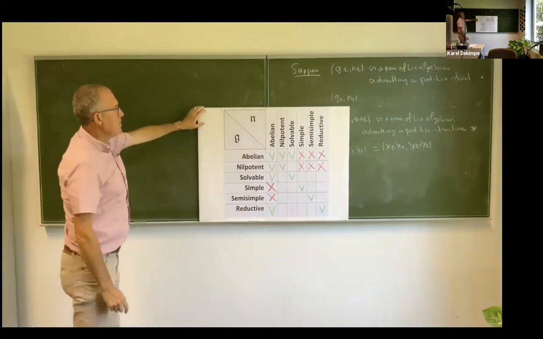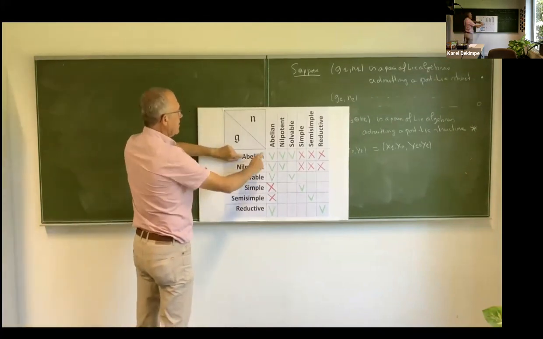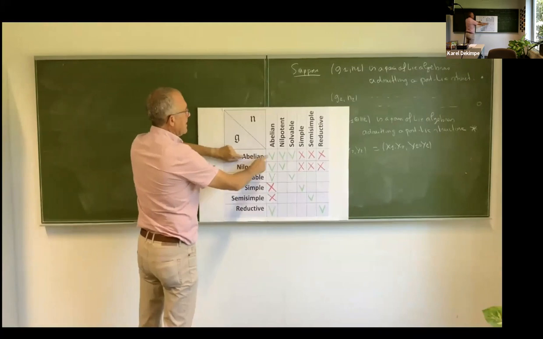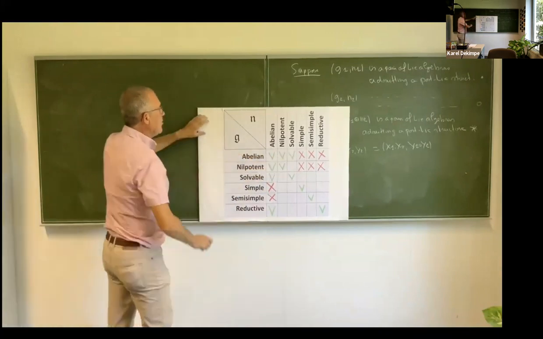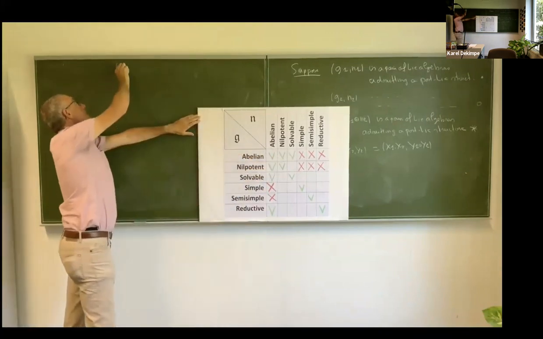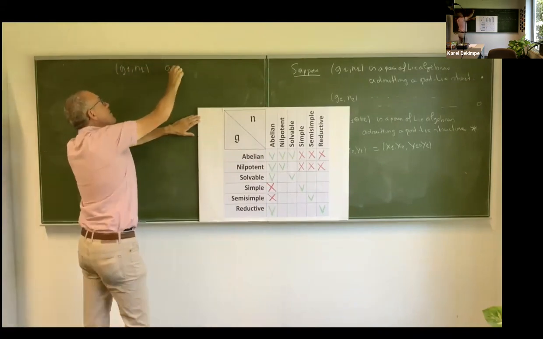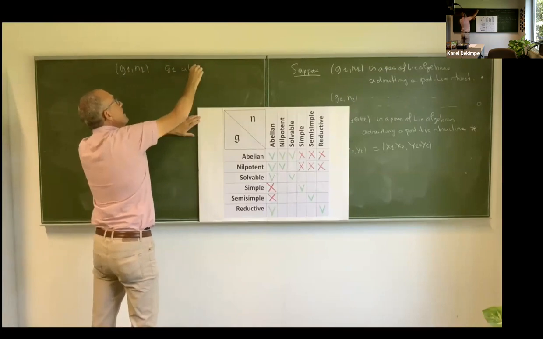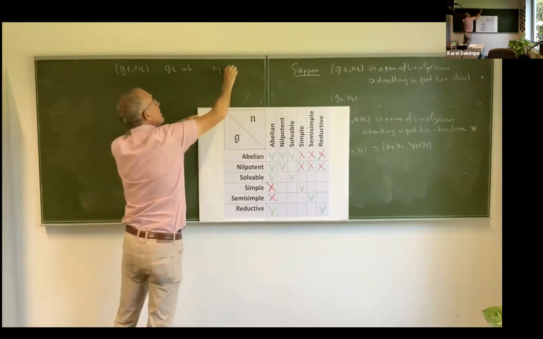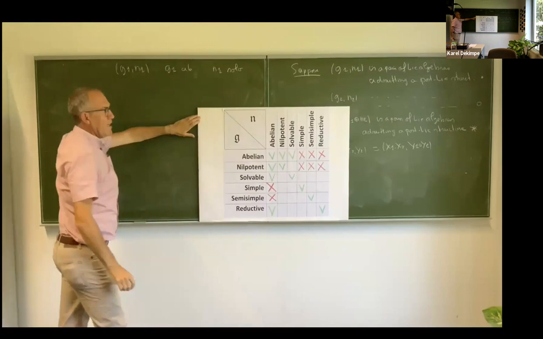So, for example, I know that there's a situation where G is abelian and N is solvable. So let me take G1 with G1 abelian and N1 solvable and non-nilpotent.